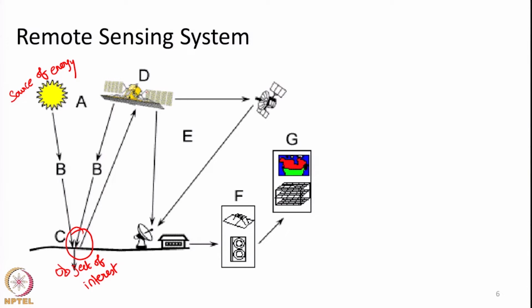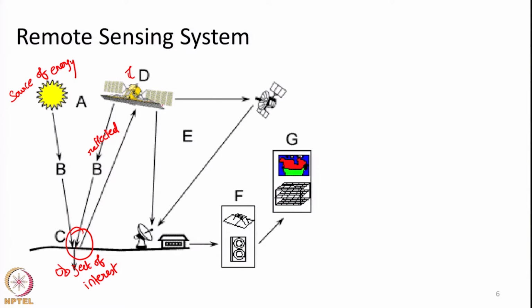If you take the analogy of human vision, the sensor is our human eye, or if you take normal remote sensing, the sensor is located in a satellite. So, this energy is reflected back or emitted, whatever, we will see these terms in detail later. The reflected energy goes towards the sensor and the sensor collects it.